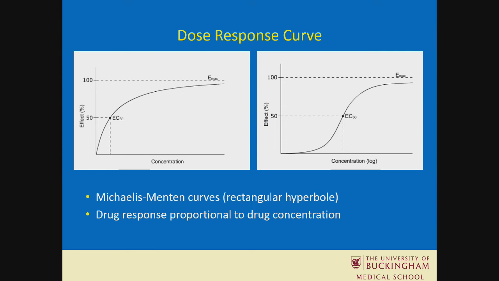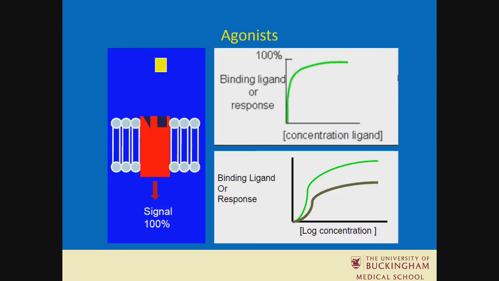So this is again just a revision from last year's lecture, where we went into this in quite a bit more detail. So if we're looking at an agonist, the agonist comes down and sits into its site in the receptor. So then, whether you're doing binding or response, you can measure that.